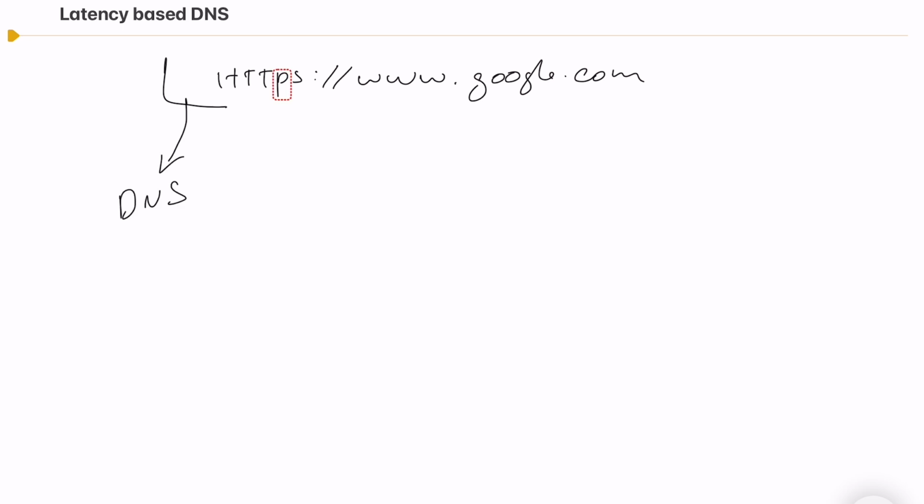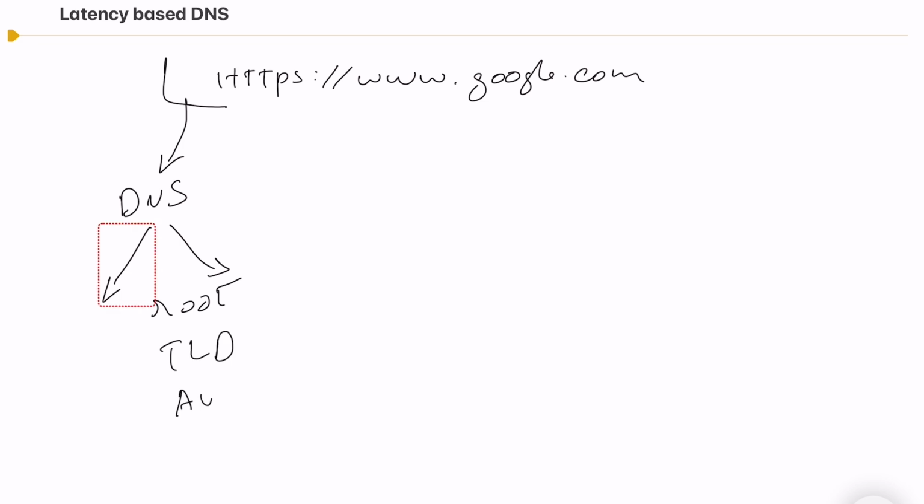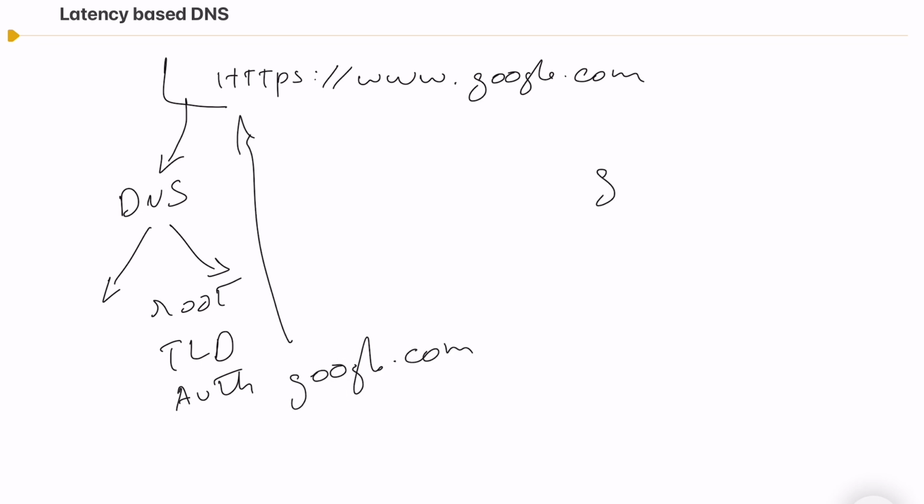This DNS server will do iterative queries to your root servers, then TLD servers, then authoritative servers of google.com, and then get the address of the actual google.com server, which will be an IP address like 124.1.1.1.